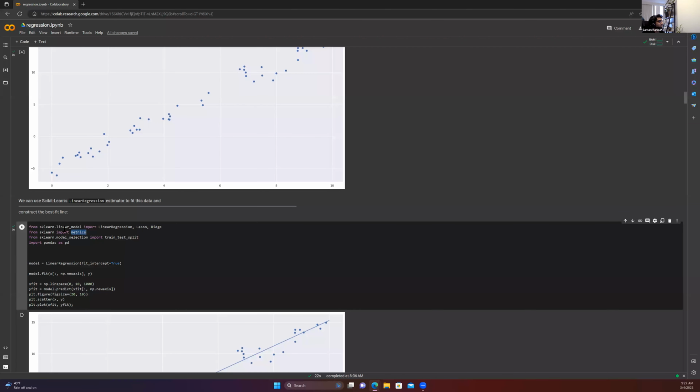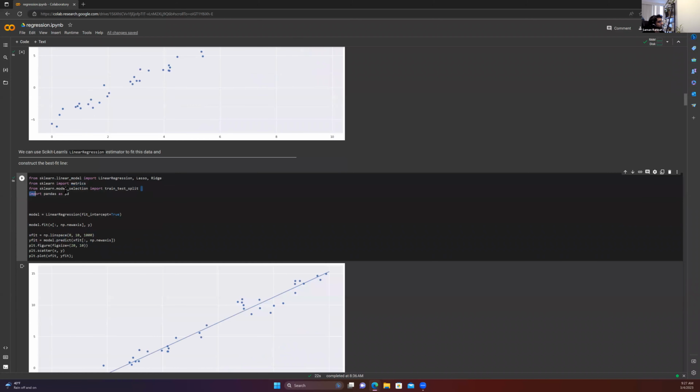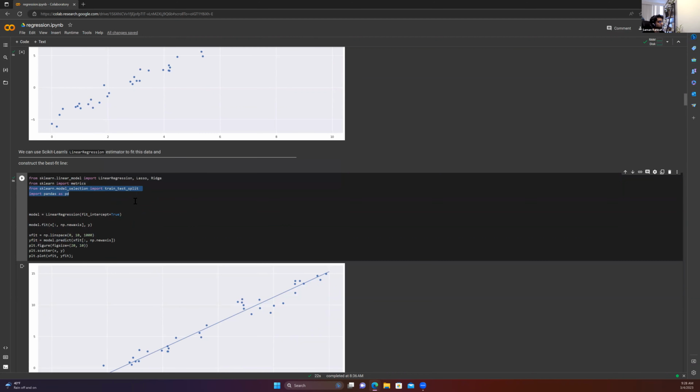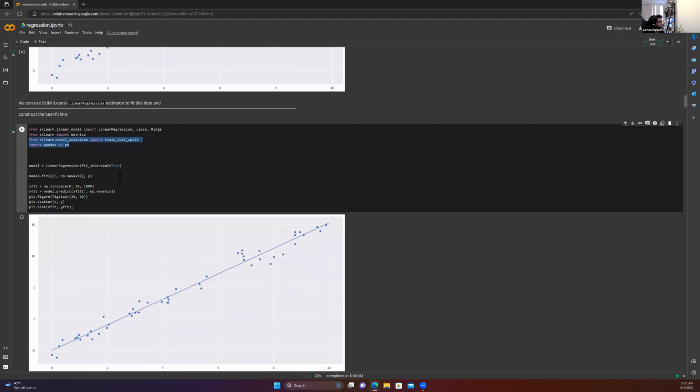I'm using the scikit-learn linear model and importing LinearRegression. I have these metrics to calculate how accurate that fitted line is. I'll talk about these later. This one is for training and splitting. If I have a data set, you'll find a use case for this in the other section of this notebook.